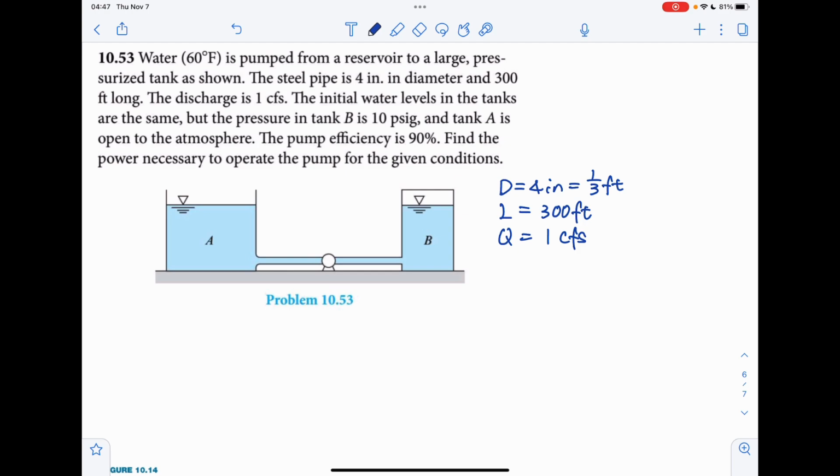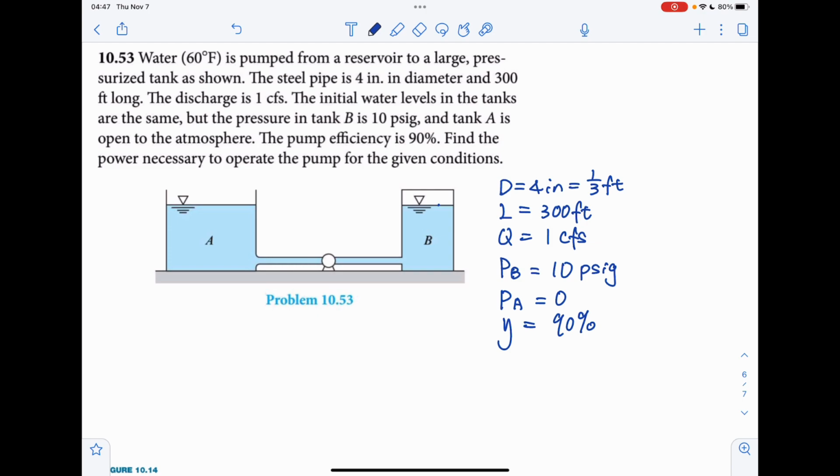It says the pressure at tank B, PB, is 10 psig. And tank A is open to the atmosphere, so PA should be equal to 0. And the pump efficiency is 90%. So those are the basic information.